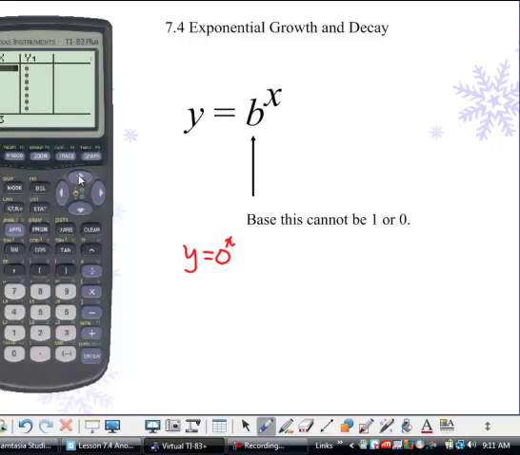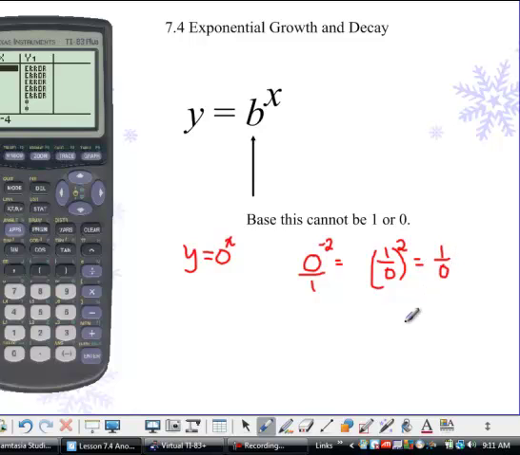And we can't do 0 to negative powers because remember, anything raised to a negative power would tell us to flip this, thus creating 1 over 0, and we can't have 0 in the denominator.